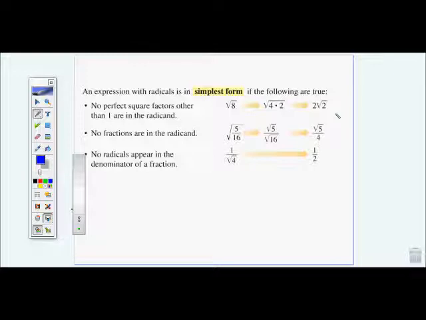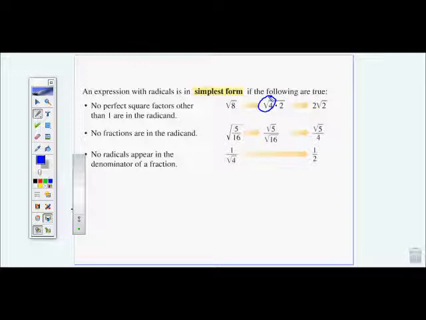So the square root of 8, we could find the perfect square of 4. So we can change it to a product, the square root of 4 times the square root of 2. And then the square root of 4 would be that perfect square, so that can come out of the radical sign, and it would be 2 square root of 2. It's also in its simplest form if there are no fractions in the radicand.